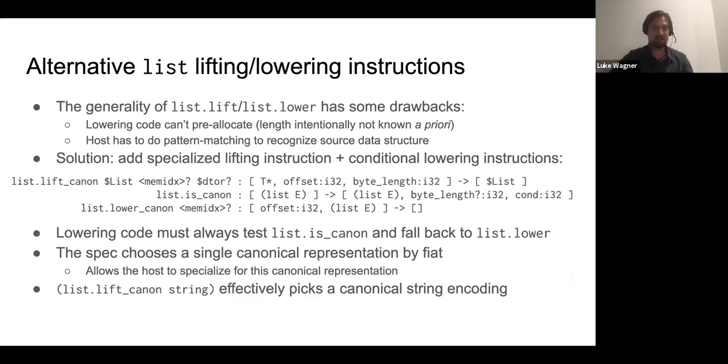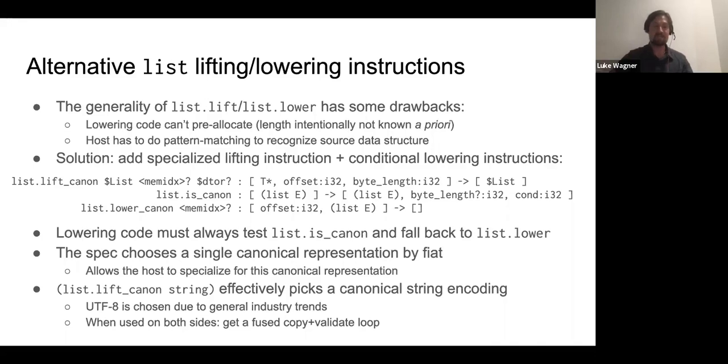Incidentally, list.lift canon of a string, which recall is a list of char, effectively picks a canonical string encoding. And because that's the general trend that the industry is moving, we picked UTF-8. And so when both sides use UTF-8, what you get is this fused copy and validation loop that can be really efficient. And what's nice is this provides a general incentive for the whole ecosystem to say, well, if you can, try to use UTF-8 because it's going to be your fastest option.